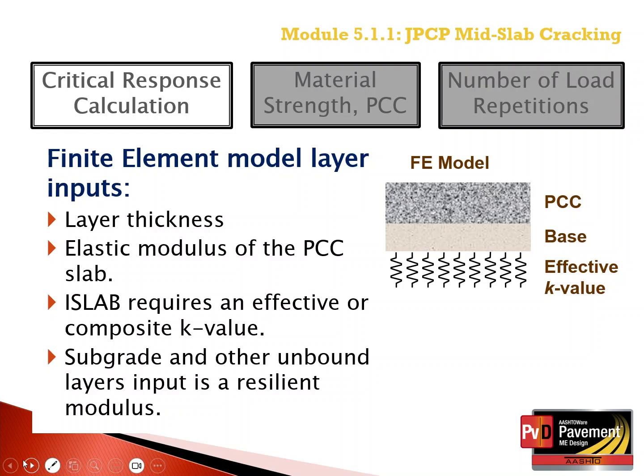But the finite element response program of iSlab 2000 requires an effective K-value for the supporting layers. Thus, a conversion procedure is used in the PMED software to convert the resilient modulus of the supporting layers to an effective K-value, which is the input to iSlab 2000.